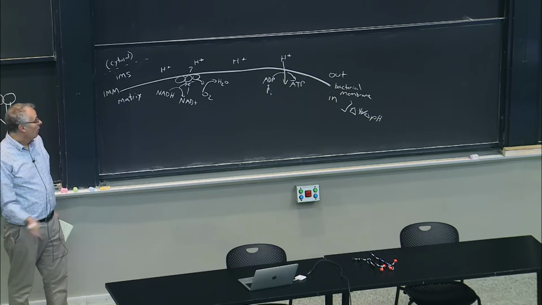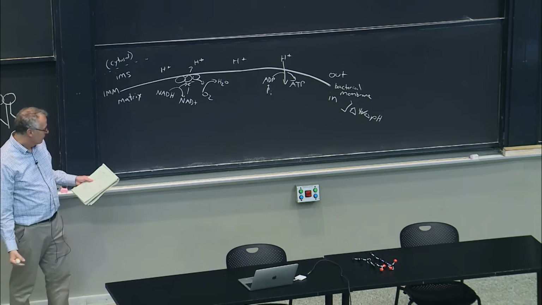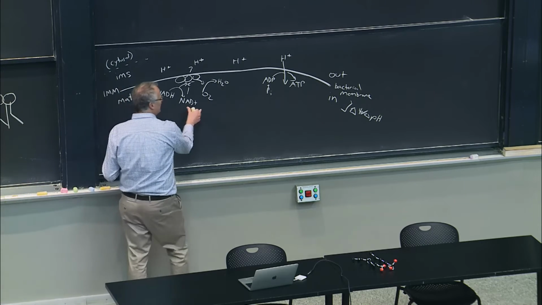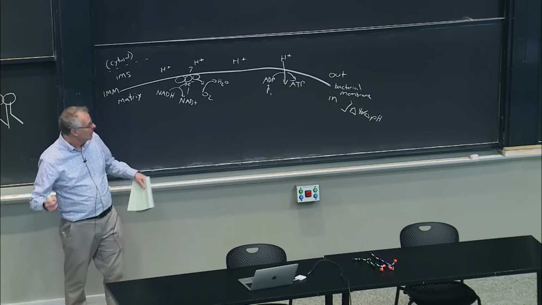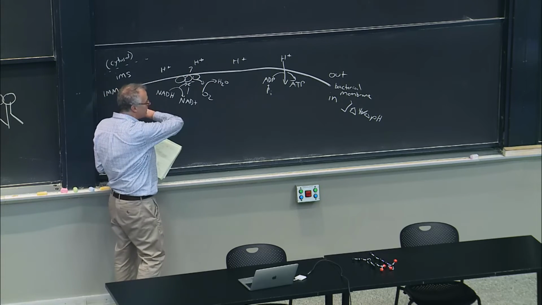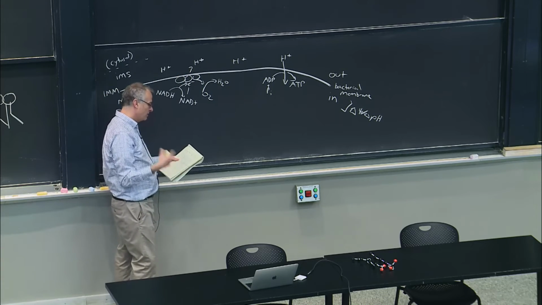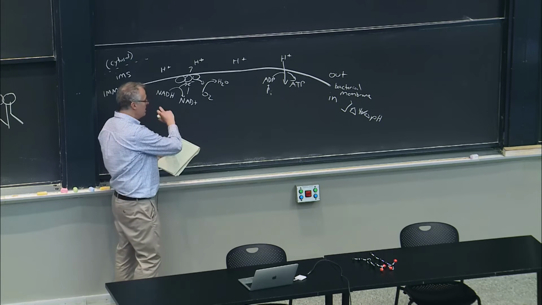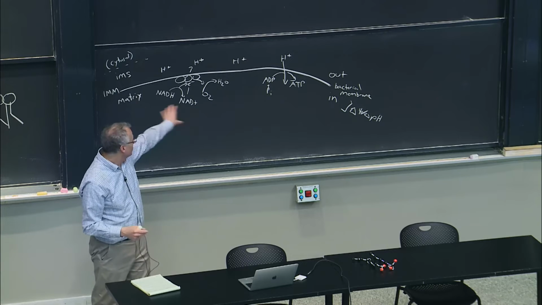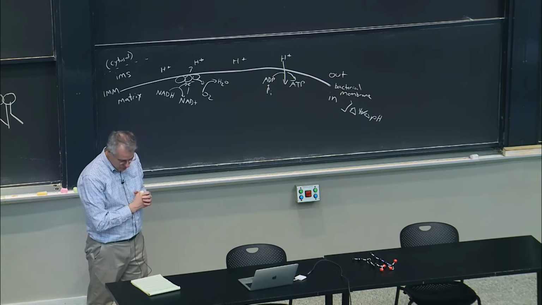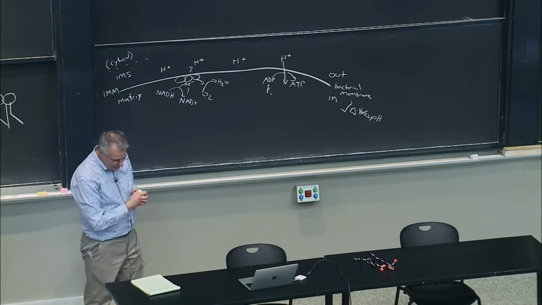So this all has to happen at the same membrane, but this process does not have to touch that process. It's coupled because you create this battery, this membrane potential and pH gradient that can be used elsewhere along the membrane to do some kind of work.